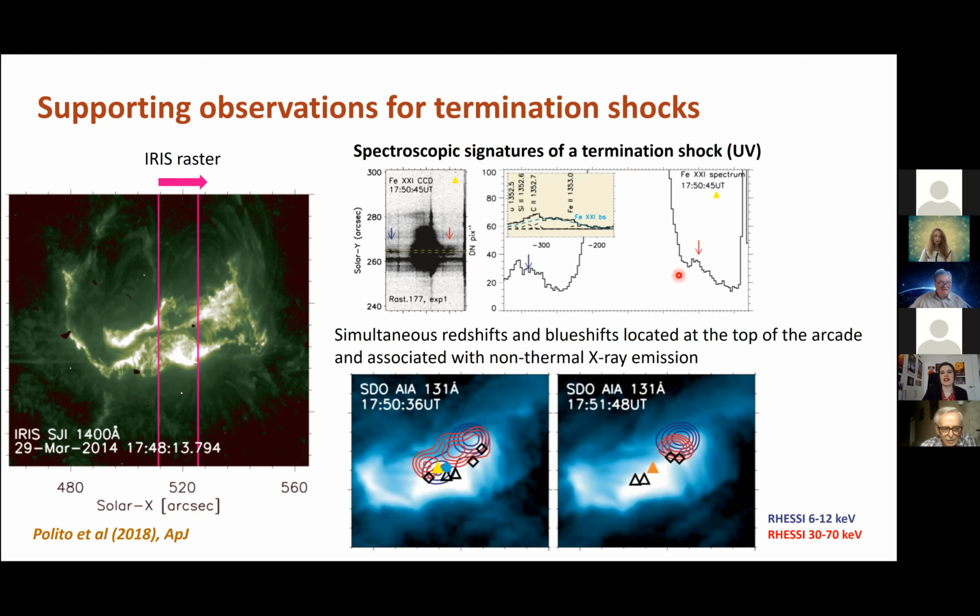The positions of the red shift and blue shift were located at the top of this loop arcade that we can see in EUV. And they were also associated with non-thermal X-ray emission at the same location on top of the loop, which is quite unusual to see, since usually we see this emission in the footpoints.